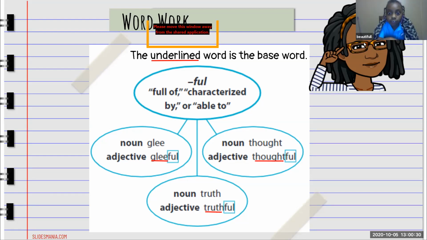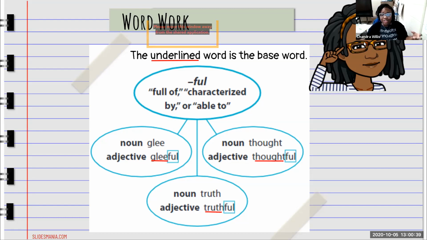When you think of somebody, you think of them a lot. Very good. You're full of thought. It can mean that you're thinking about somebody a lot, or you're thinking about something a lot. You're full of it, right? You're full of thought. All right, we know what truthful means, right? You're full of truth. You're telling the truth.